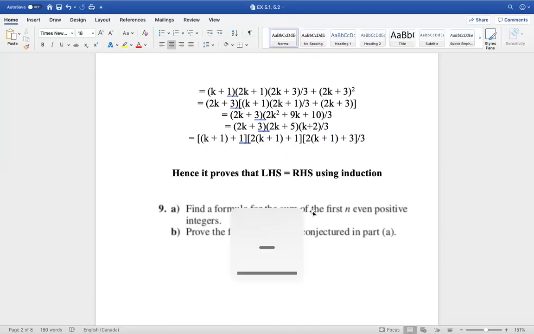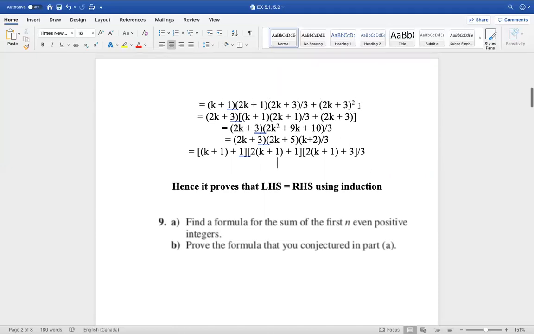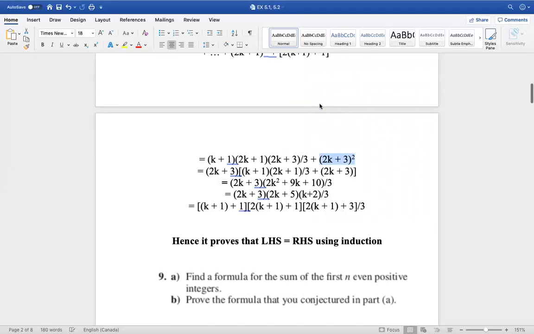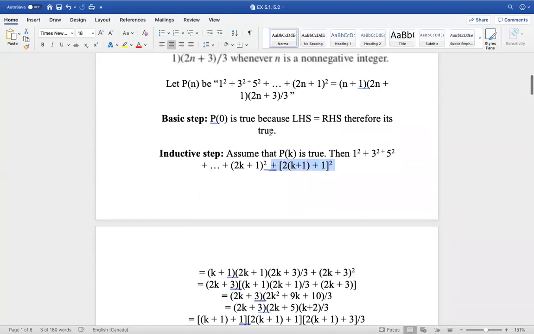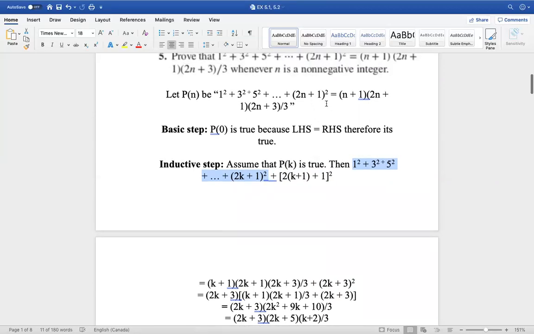Okay, any other questions? Hi, where did you get the 2k plus 3 squared from? Oh, this one here? Yeah. Basically, on the left hand side, this is in the question. So from here to here, this is given to us from the question.